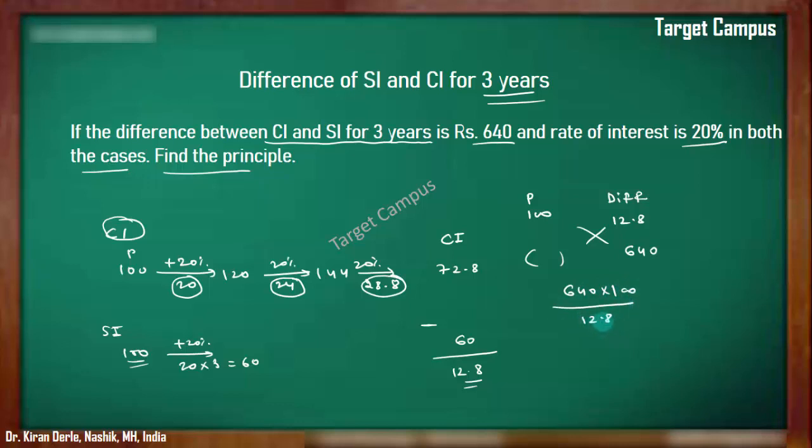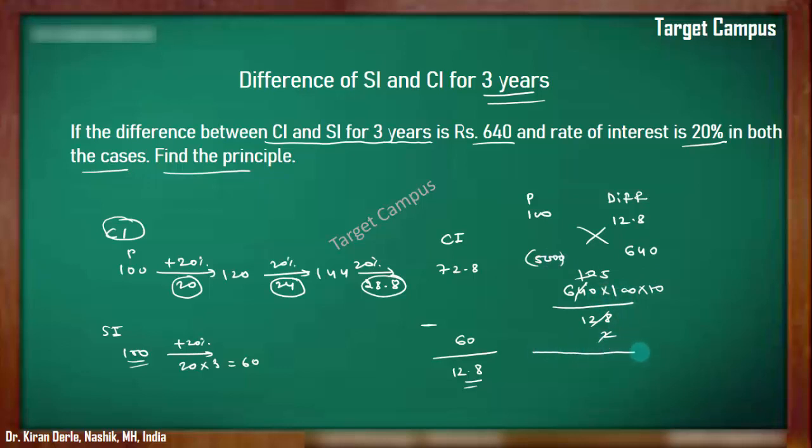To cancel out this decimal, we'll multiply by 10, so this becomes 128, and the decimal gets cancelled out. Solving, we get 5,000. 5,000 is the principal. I hope you have got this.